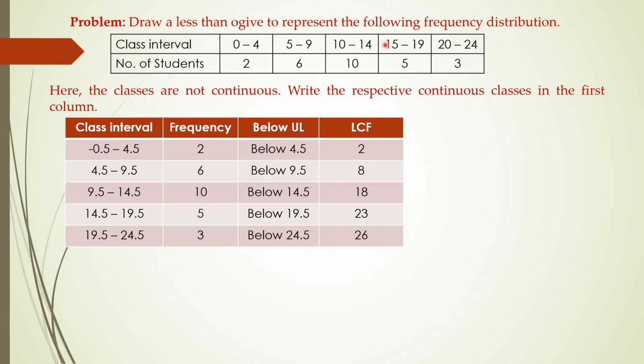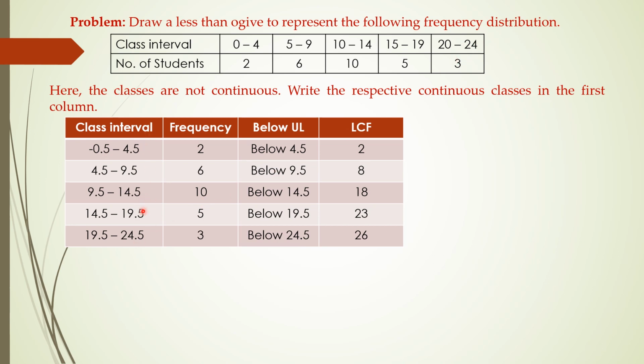And the classes are discontinuous. We converted them into continuous classes. And we know how to convert these classes. Simply add 0.5 to each upper limit. That is 4 plus 0.5, 4.5, 9 plus 0.5, 9.5, 14 plus 0.5, 14.5, 19 plus 0.5, 19.5, 24 plus 0.5, 24.5.